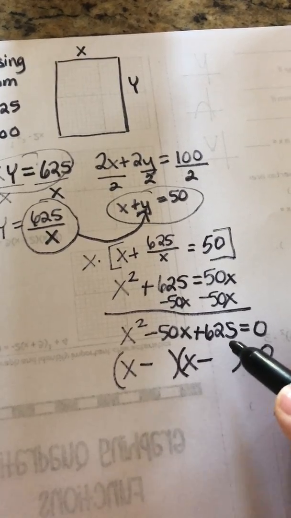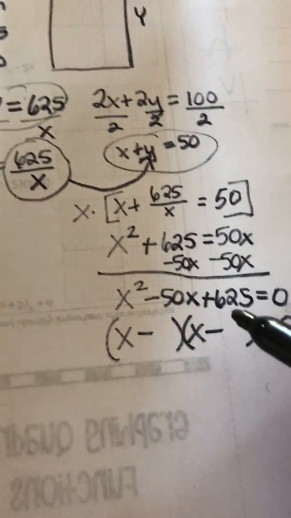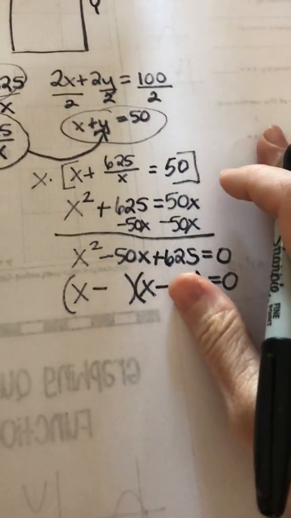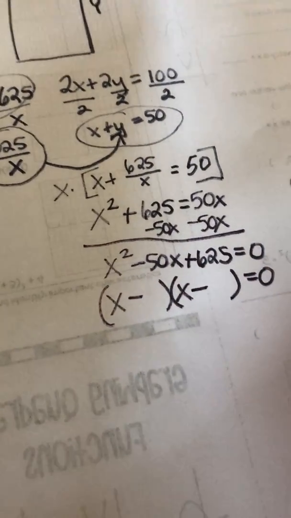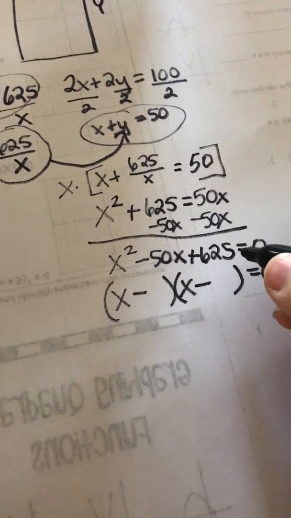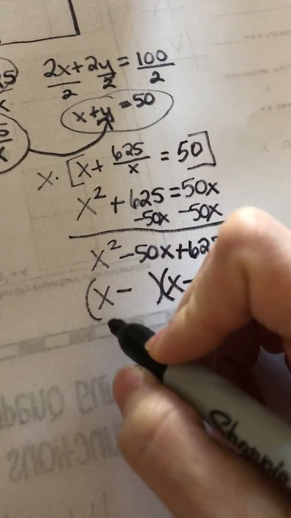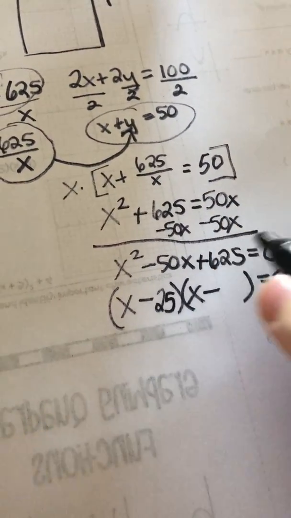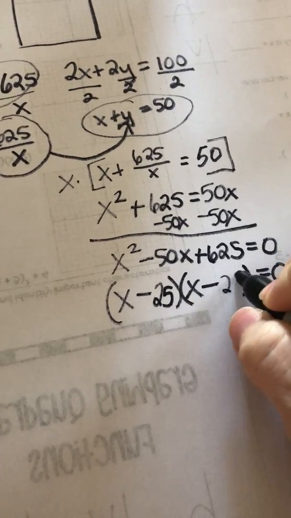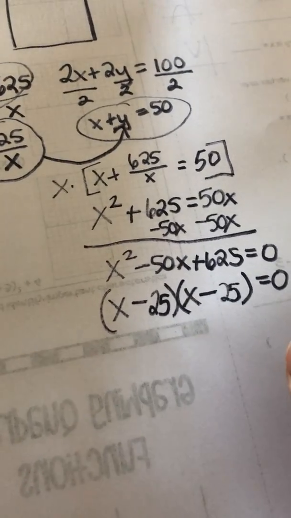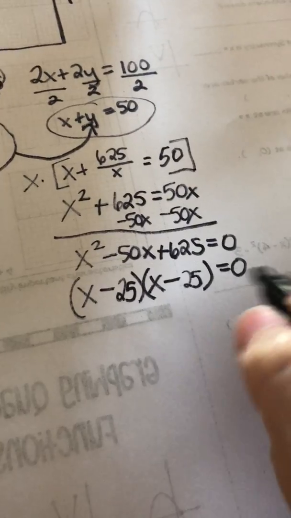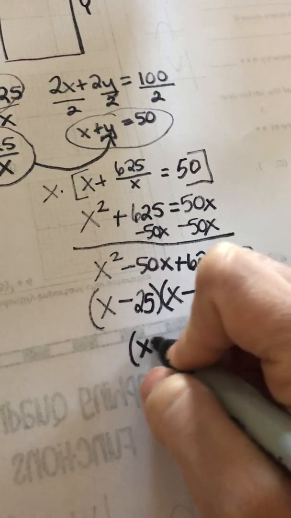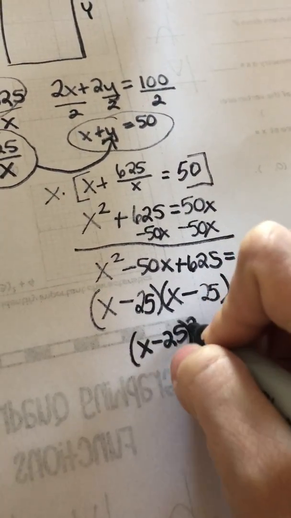Since it ends in 25, I know that it's a multiple of 5, definitely. And actually, 625 is 25 squared, which is perfect, because 25 and 25 gives me 50. So this factors into x minus 25 times x minus 25, or x minus 25 quantity squared.